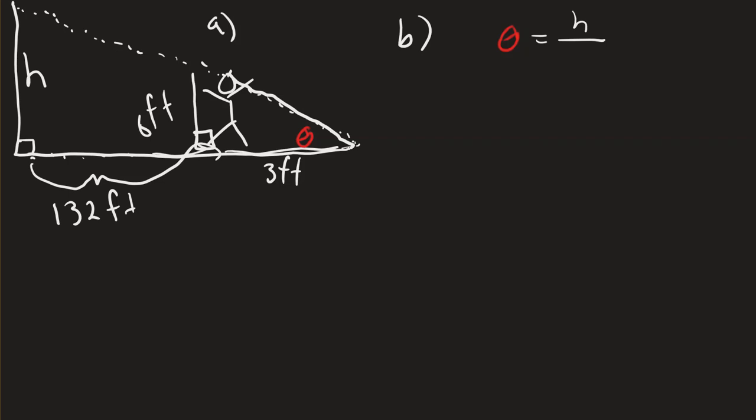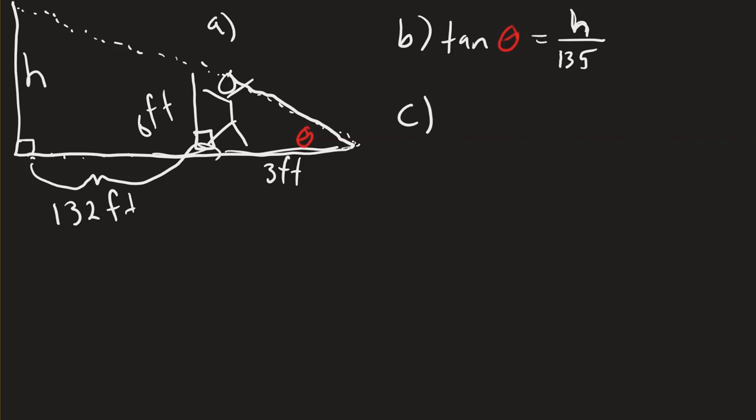The adjacent of the big triangle is 135 feet. And if I'm pairing up opposite and adjacent, then that of course is tangent. So there's part B. Here's a trig function. It's an equation, and it's got the unknown quantity in it.